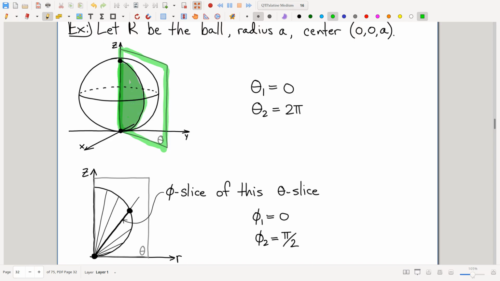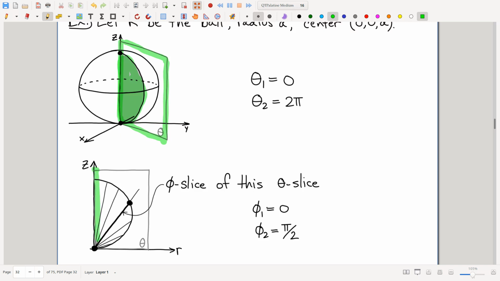I personally like to redraw that, sort of looking straight at it. I like to imagine this sort of R-axis. The advantage to redrawing your theta slice like this is that now you're looking right at it, and right angles look like right angles.